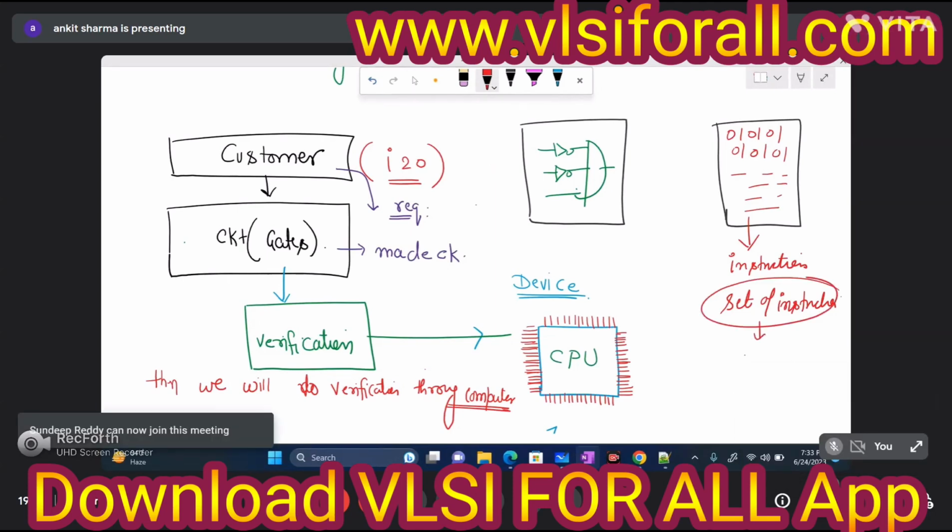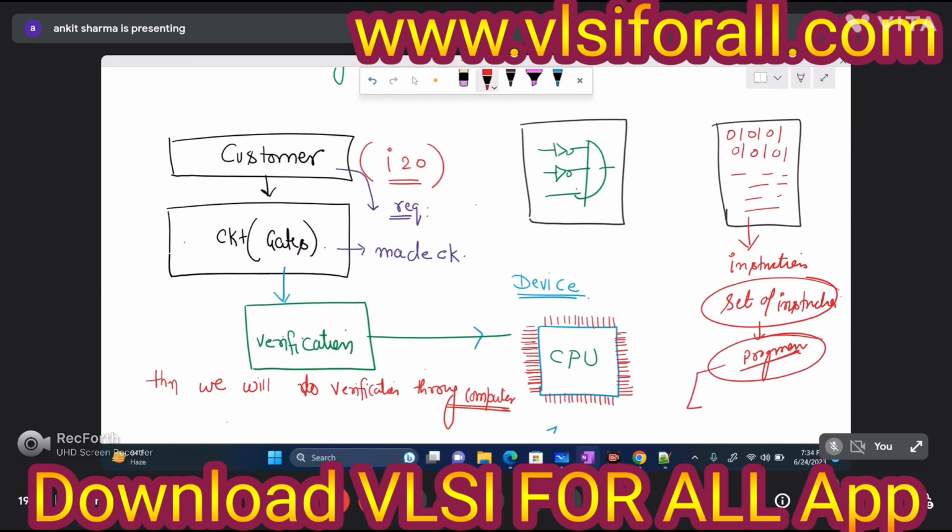Overall, we can say a set of instructions is nothing but a program. So that means a computer can understand a program. Or we can say the information that can be understood by a computer could be in the form of a language, and that could be a programming language.